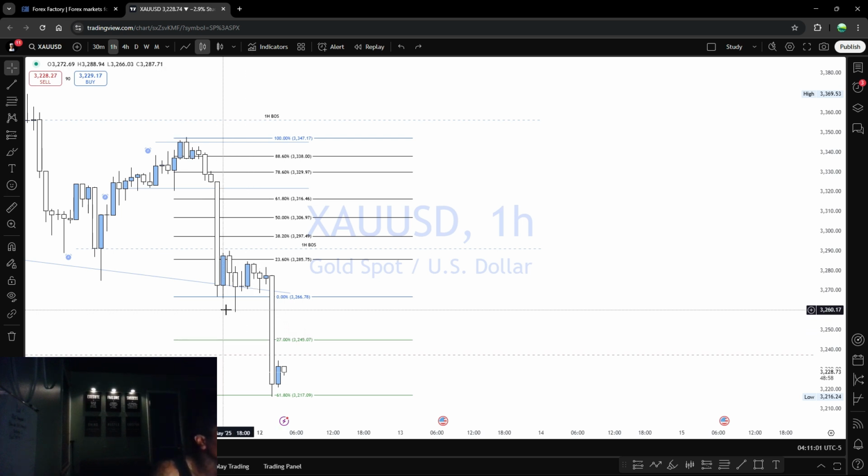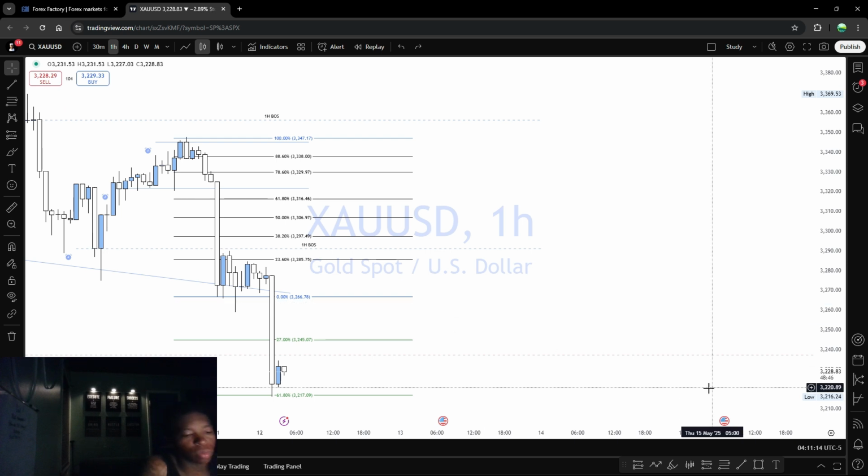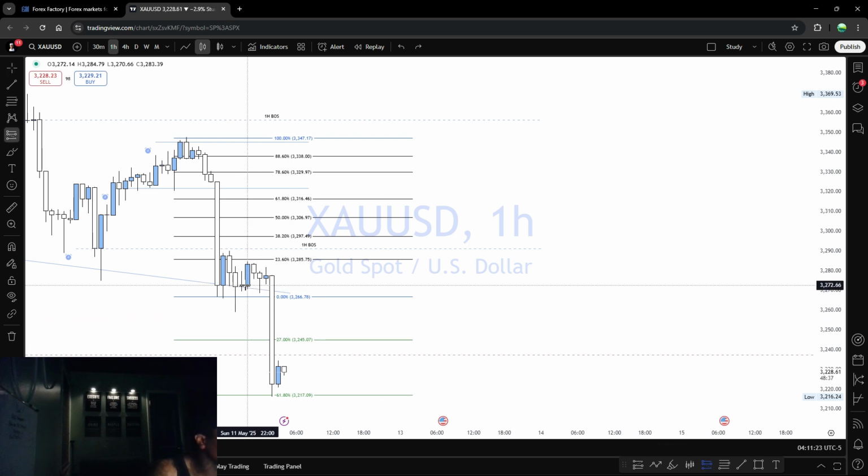So actually, one thing that I did with this position is I got in while this candle was still open. I usually get into a position when the candle closes, but in this situation, I got in while the candle was still open.